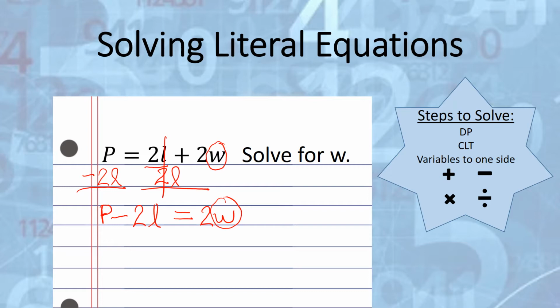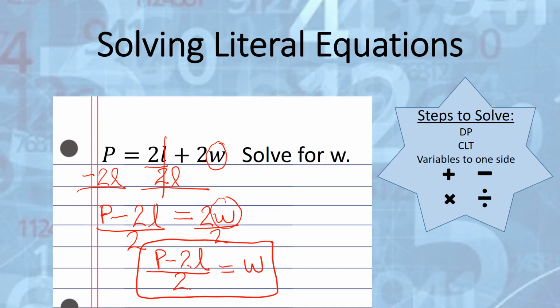I have 2 being multiplied by W. My inverse operation is division, so I will divide both sides by 2. This simplifies to P minus 2L divided by 2 equals W. You do not need to simplify any further than that. You cannot cross out both 2's because not only is 2L being divided by 2, but so is the P.